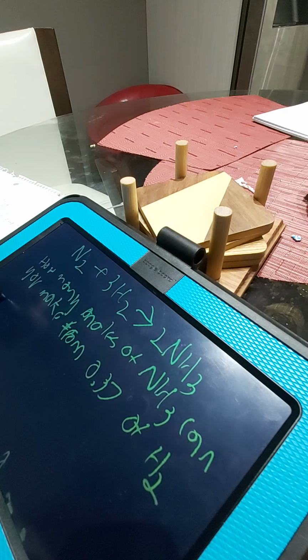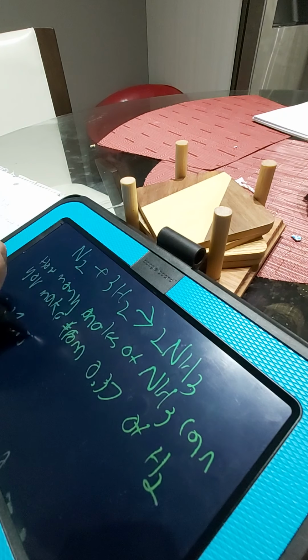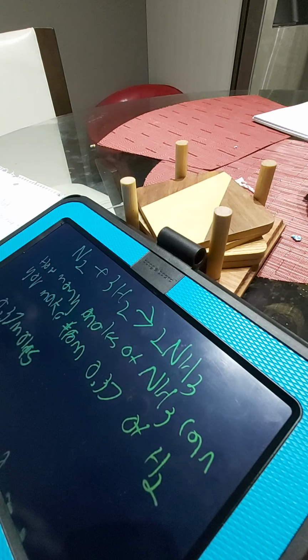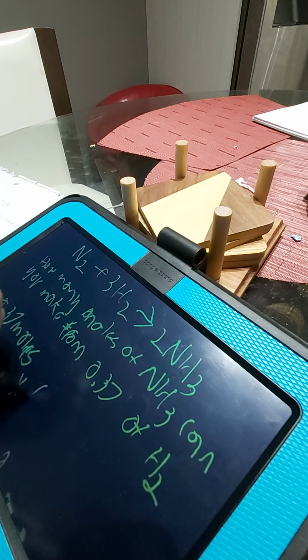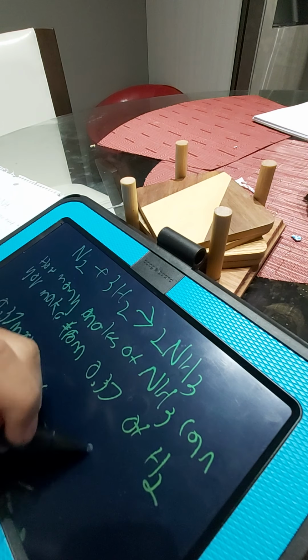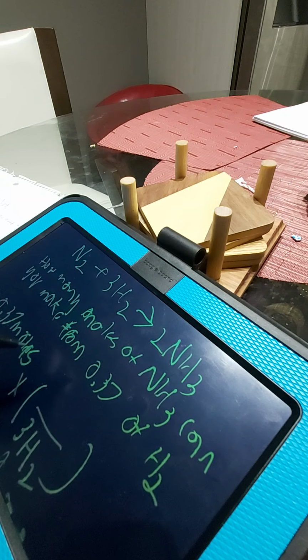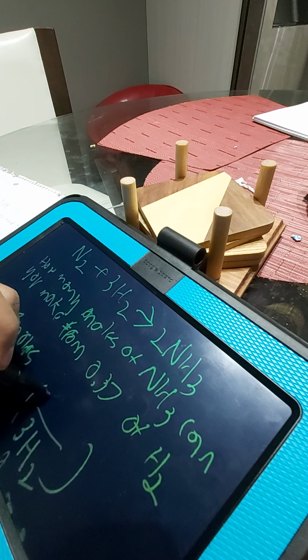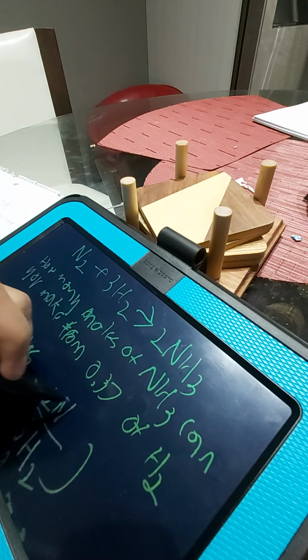You put your given at the front, 0.37 moles of H2. You multiply that with your balanced ratio, 3 H2 on the bottom, over what you need to find, which is your 2 NH3.